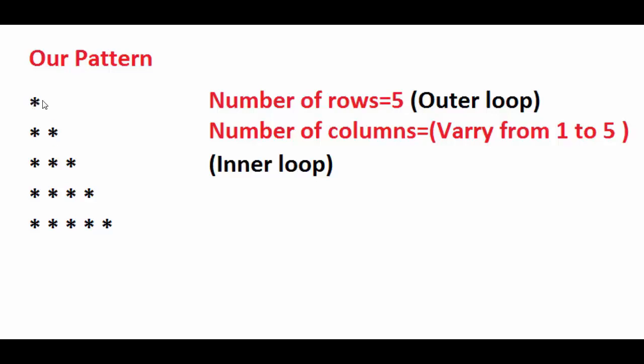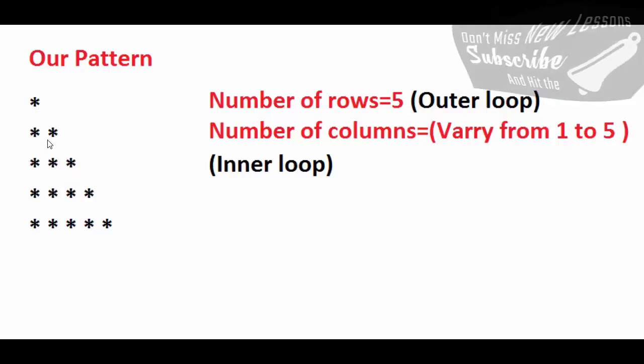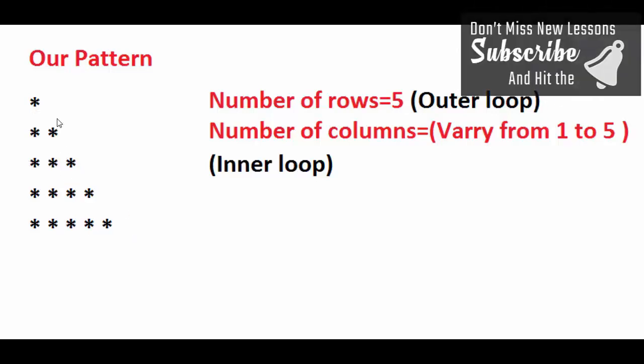In the first row, there is 1 star, in the second row there are 2, and in the third row there are 3 stars, and so on up to 5 rows.